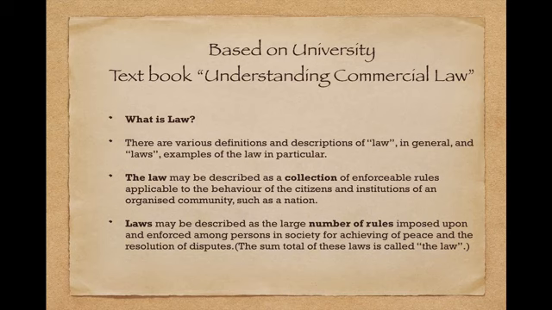Laws may be described as the large number of rules imposed upon and enforced among persons in a society for achieving of peace and the resolution of disputes. The sum total of these laws is called the law.